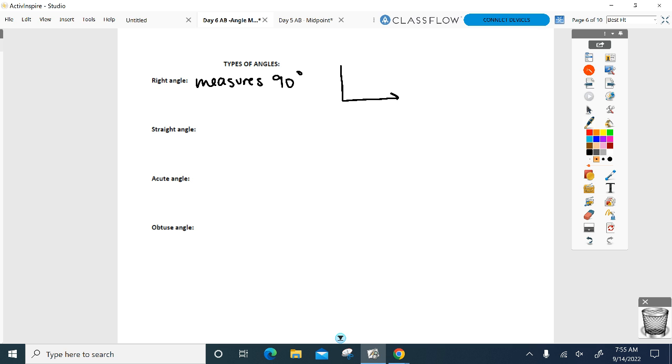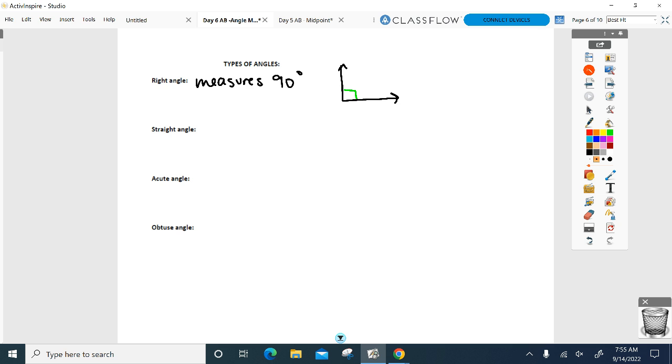Now, quick question, especially in this level of math, you're not going to just see 90 degrees written in. Anybody know what you're going to see to show it's 90? Rachel? The little square. The little box there, right? So this is what you'll see. You see that? I know that's 90 degrees.